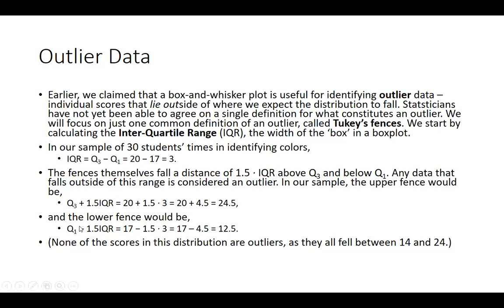The lower fence would be Q1 minus 1.5 times the IQR, 17 minus 1.5 times 3, which is 17 minus 4.5, which is 12.5. So anything above 24.5 or below 12.5 in this particular case would be an outlier. But since all of our scores for this distribution fell between 14 and 24, there are no outliers in this distribution.